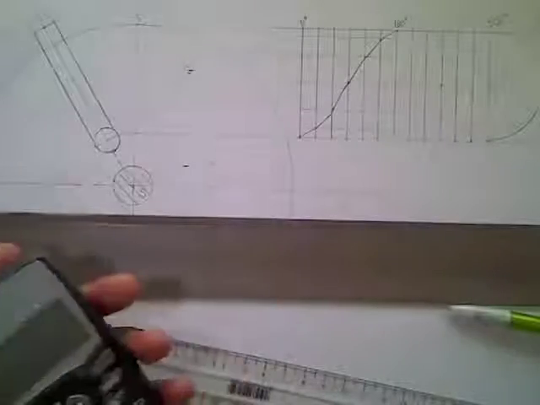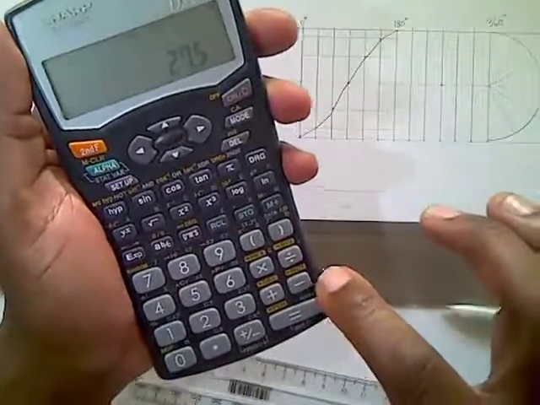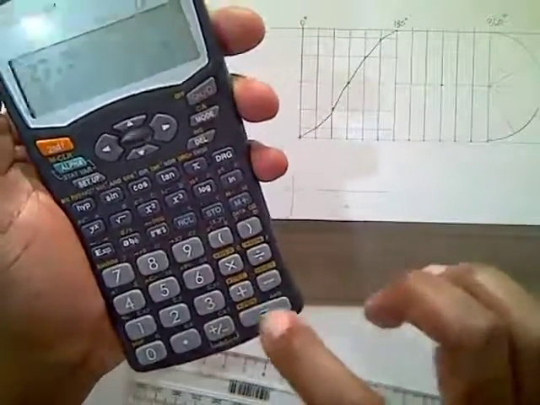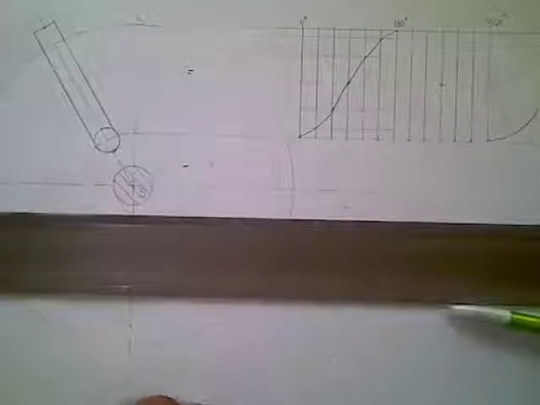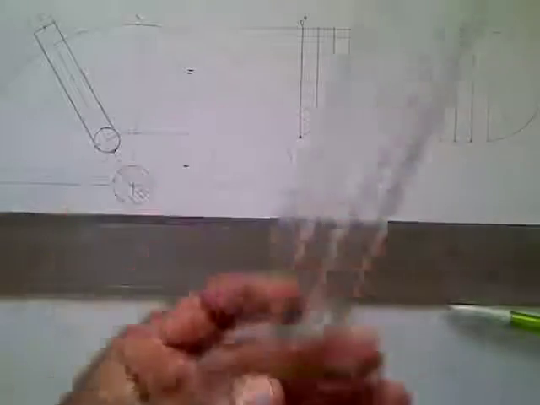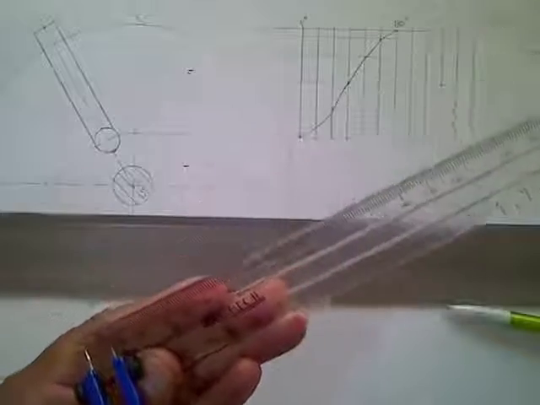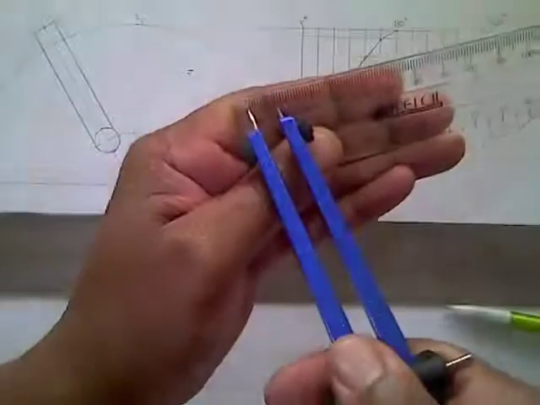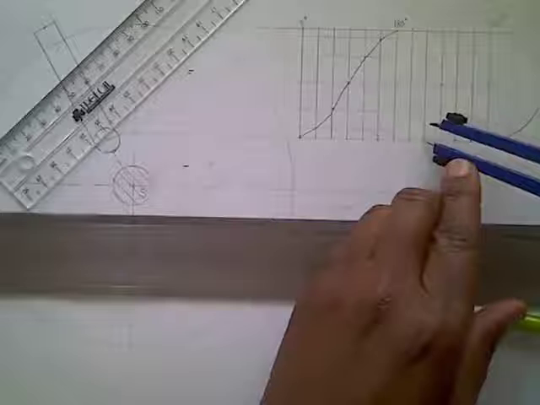So which is 27 and a half, remember it's 55, so it's 27 and a half. 10.5 divided by 3 gives me 9.1, which is almost 9 millimeters.